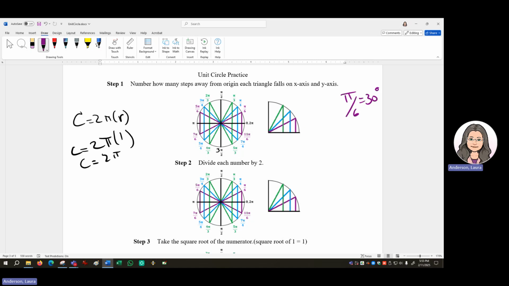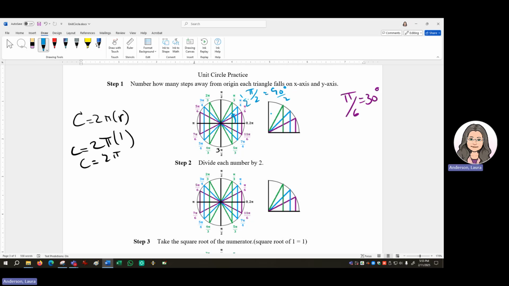Then we also have this 45-degree angle, and that is cutting exactly this quadrant in half. 90 divided by 2 is 45. So if 90 is pi over 2, then half of that would be 45.